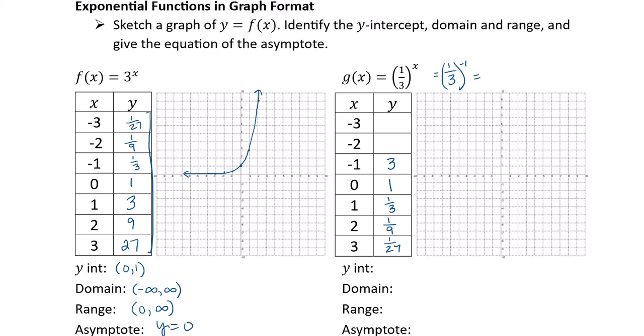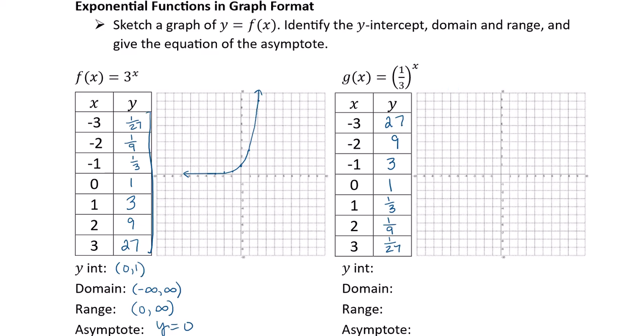If I have x as negative 2, then I have 1/3 to the negative 2, which is 3/1 to a positive 2, which is 9. If I have an x of negative 3, then this would be 3 to the positive 3, which is 27.